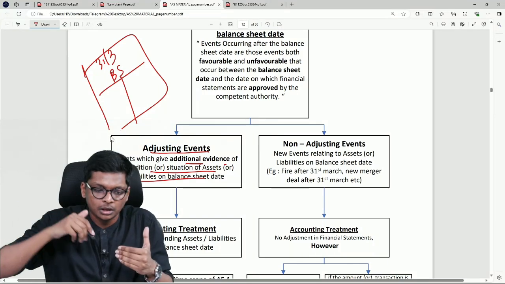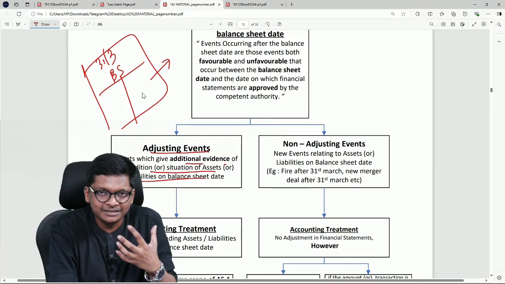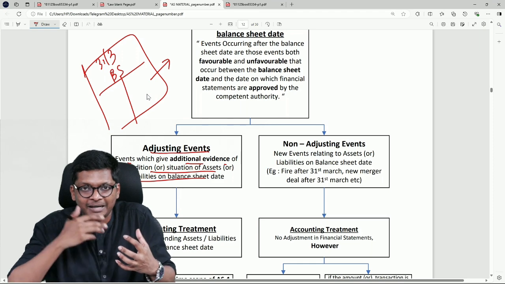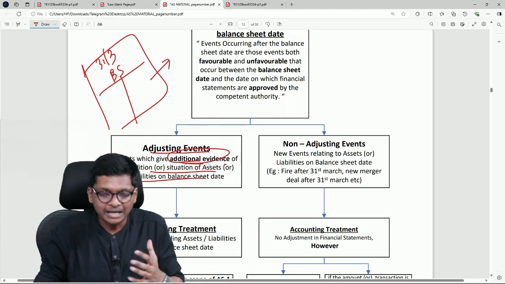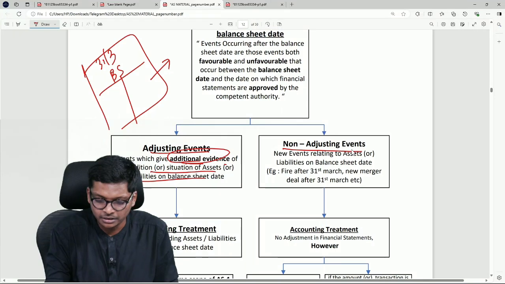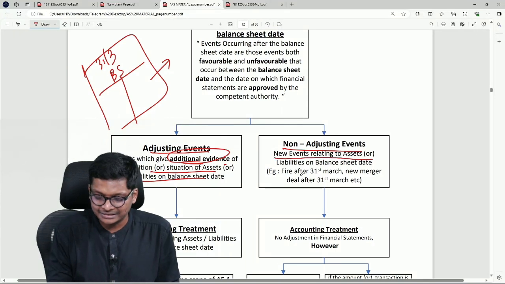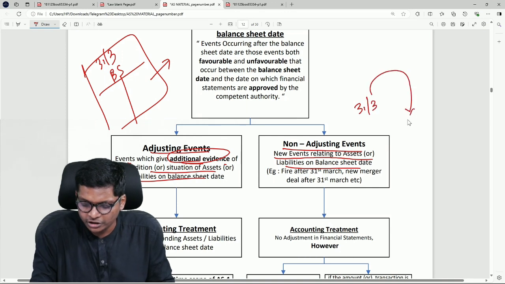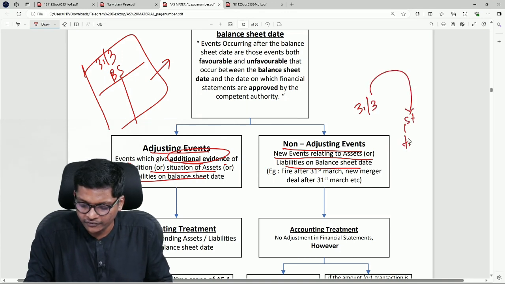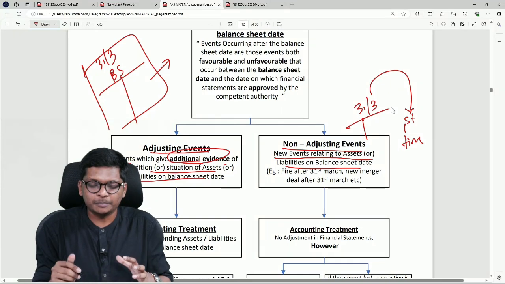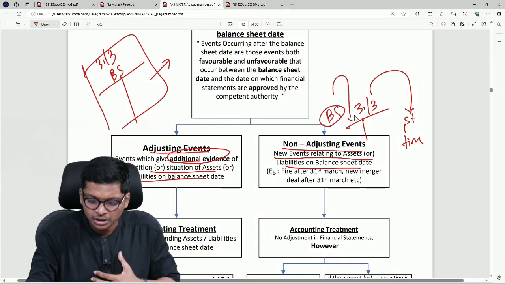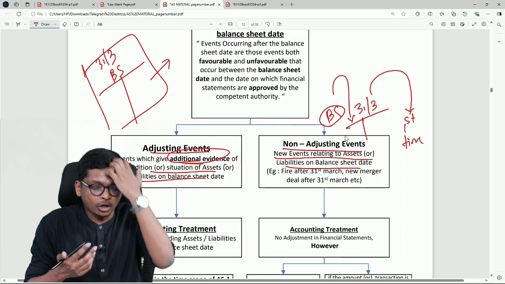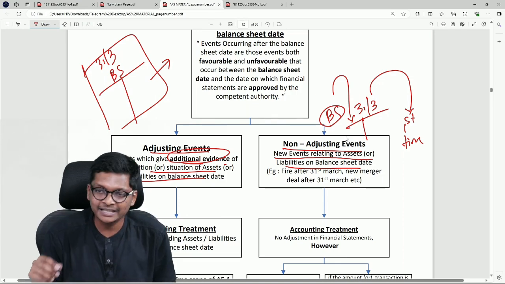After 31st March, for something that already happened, now we are getting some additional evidence. That is an adjusting event. Non-adjusting events are new events relating to assets and liabilities after the balance sheet date. That means after 31st March only this event is happening for the first time. As of 31st March, my balance sheet does not give any reason or evidence that this event has taken place.